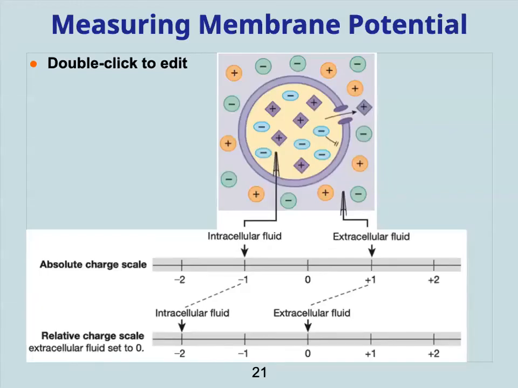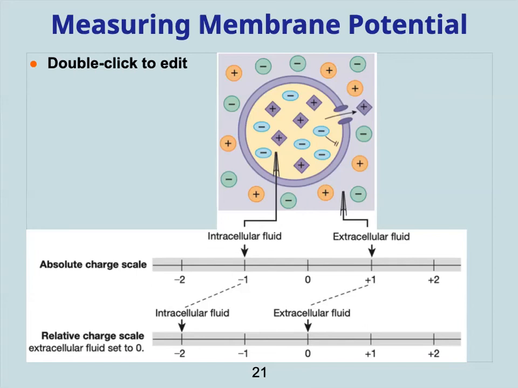So we can measure the membrane potential that results from excessive cations in the ECF and excessive anions in the ICF. To measure this difference, we can place electrodes inside and outside the cell. On the absolute charge scale, the ECF will be +1 and the ICF will be -1.